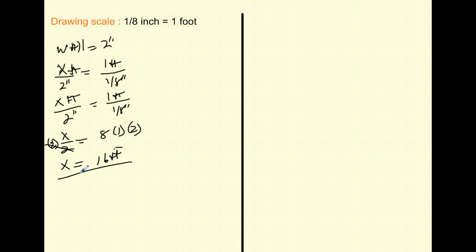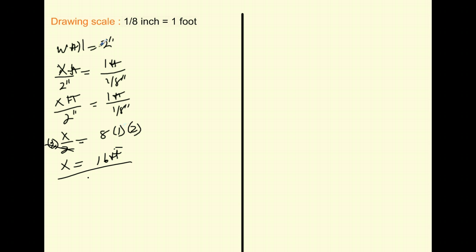And so X in real life represents a wall that's 16 feet long, to a scale of 1/8 inch equals 1 foot. So that's how you do that on a scale drawing.